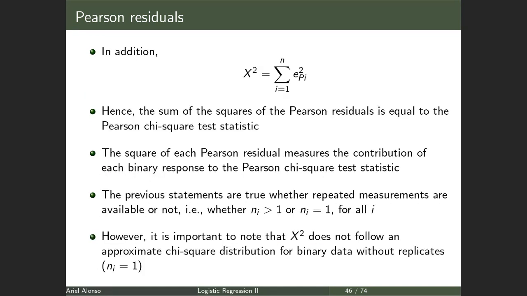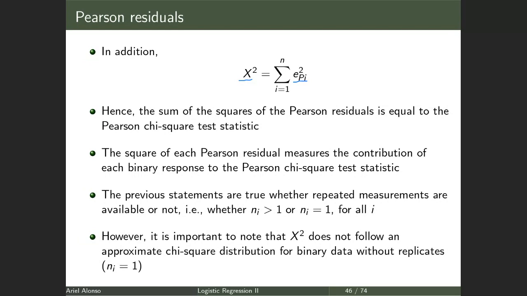That's it. Now, if you look at this, you will see the Pearson chi-square. What is the Pearson chi-square? It's just the sum of the squares of the Pearson residuals. You get this immediate relationship between the Pearson residuals and the Pearson chi-square, a statistic that, remember, is a measure of lack of fit.